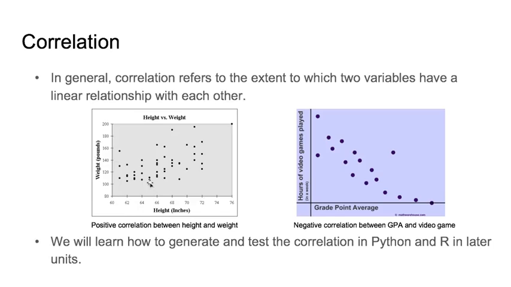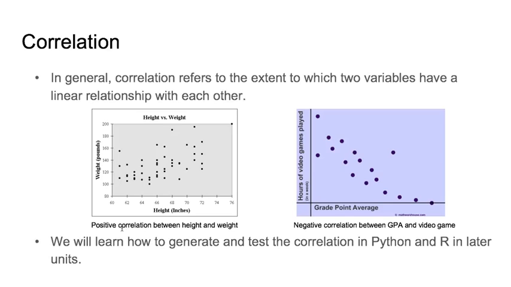Each dot represents a person, and for that person, you can see their corresponding height and weight in pounds. What we can do, and it's already done here, is find that there is a positive correlation between height and weight. What that means is the height and weight are connected.